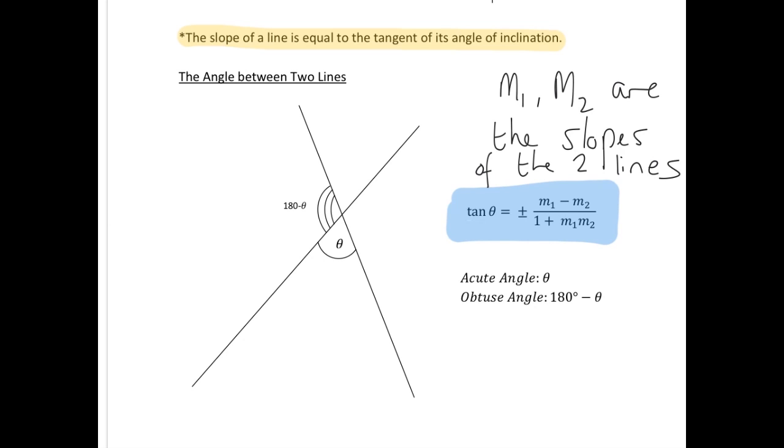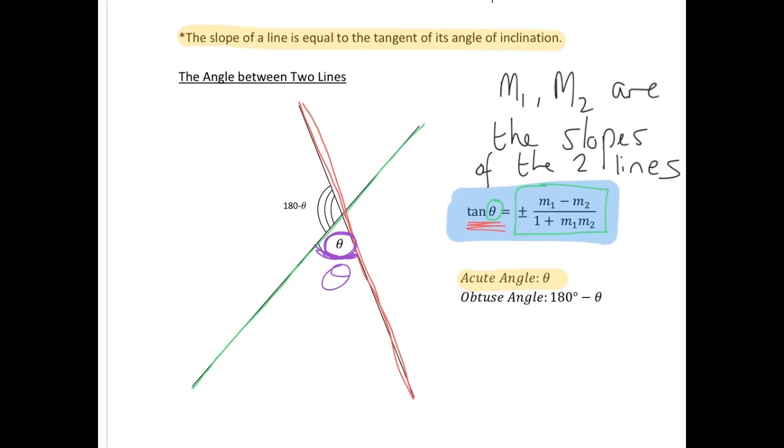What needs to be kept in mind here is that this theta, that we figure out from doing tan inverse of all of this stuff, is actually the acute angle between the two lines. So if we have these two lines, like I have here and here, then you'll see that the theta angle that we find in our formula is actually the acute angle, this theta here.